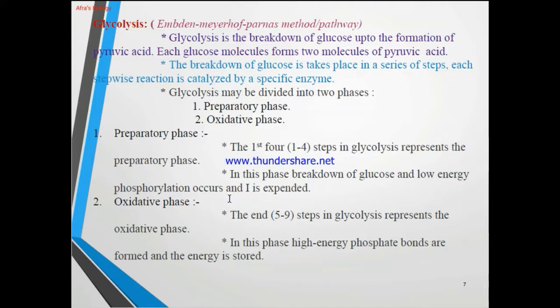The next one we call the oxidative phase. It contains steps 5 to 9 in glycolysis. It is called the oxidative phase because in this phase the high energy phosphate bonds are formed and energy is stored.